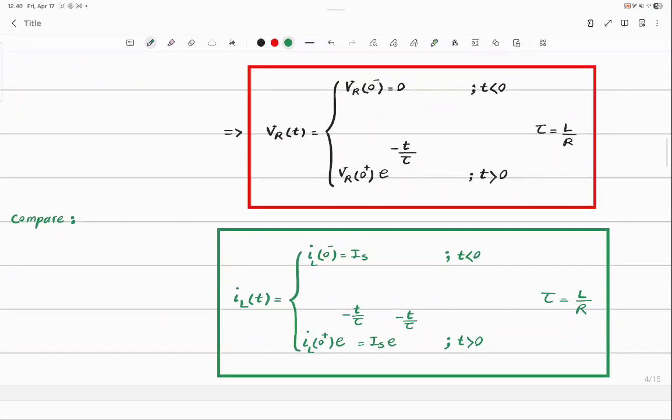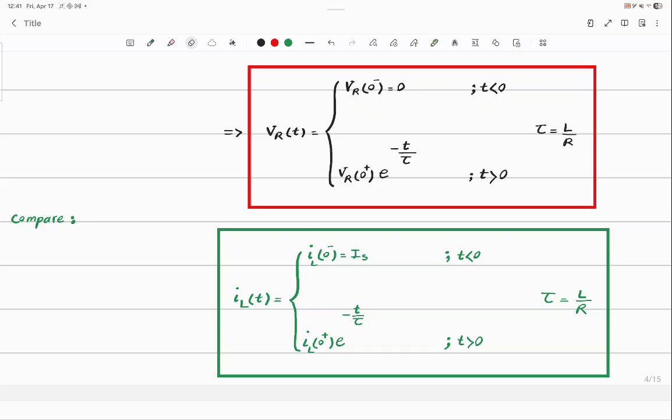What is your observation? They behave the same. Meaning that what is exactly the same in these two variables? Tau, the time constant, is the same. The shape of the exponential is the same. The only thing that is different is the value at 0 negative and the value at 0 positive.